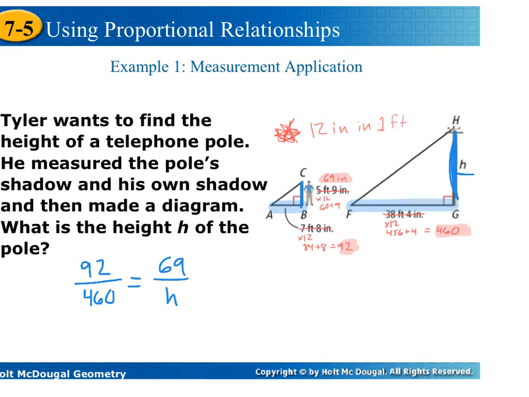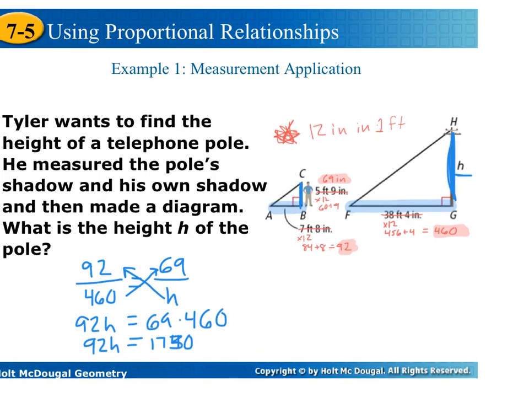Now what do we need to do to solve for H? Cross multiply. So we have 92H on the left, and that's equal to 69 times 460. It's a big number. 31,740.